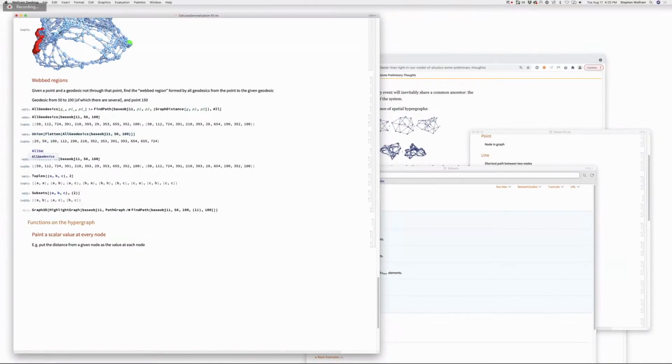Okay, yes. And so from that, we want to say all geodesics of base obj 11, and then we want to say 150 to hash for all of those.